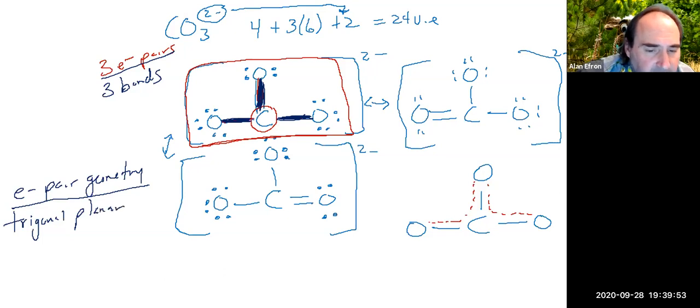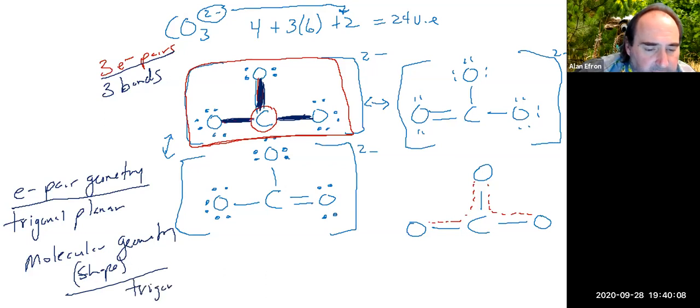And because these are all bonding electrons, no dots on the central atom, the molecular geometry name, or the shape, would also be the same name. It would be trigonal planar. It basically makes a triangle type shape if you draw it like that.